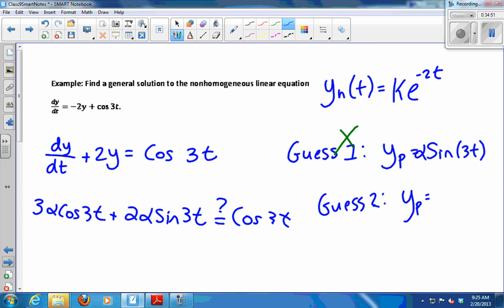What about alpha cosine 3t? Will that work? Possibly. Okay, so let's try it. Alpha cosine 3t. Sine didn't work, let's try cosine.